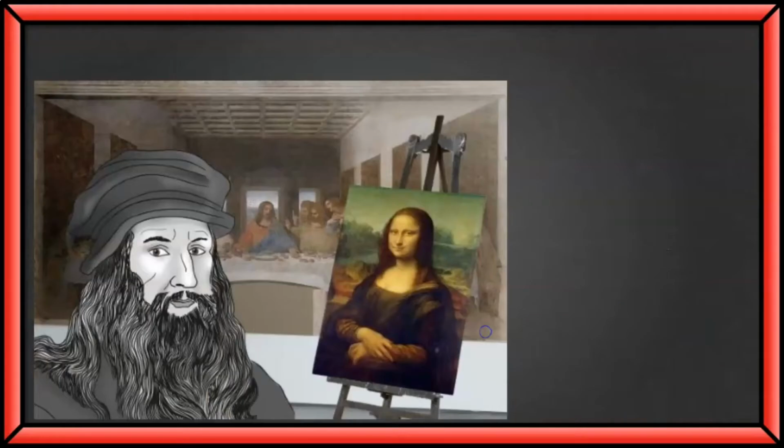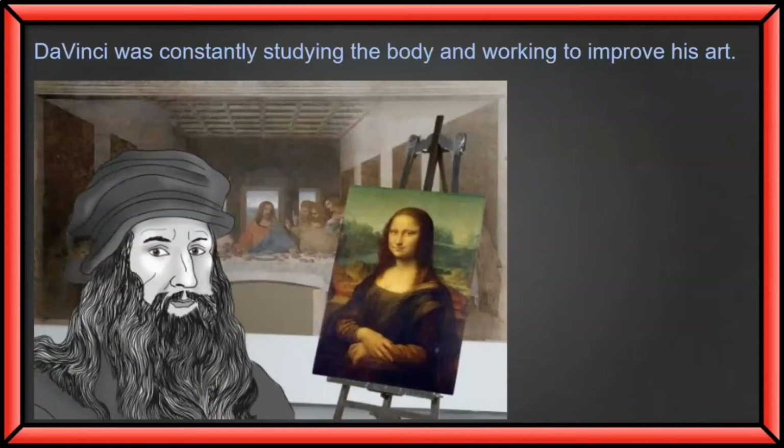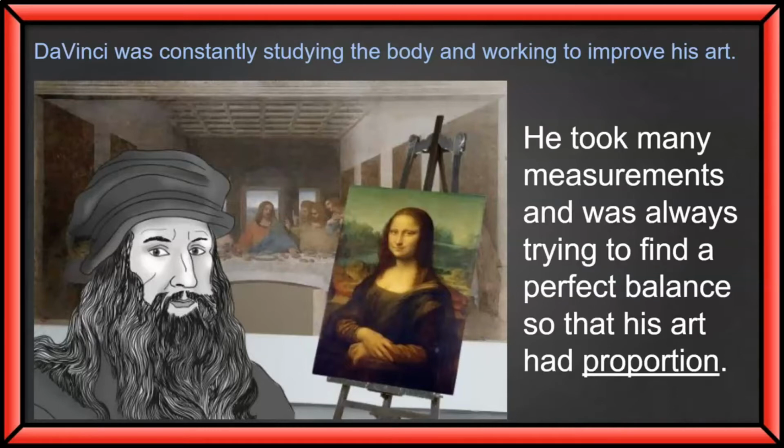He was amazing. Da Vinci was constantly studying the body and working to improve his art. He took many measurements and was always trying to find a perfect balance so that his art had proportion.